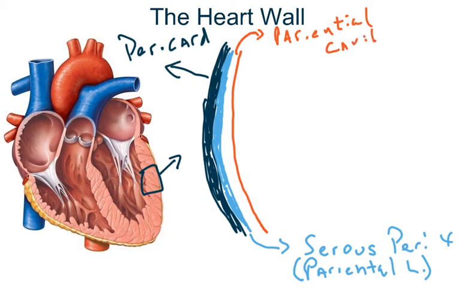And this empty space is just there to help with the flux and contractions of the heart, because right below that we start getting into the three innermost layers, which is the epicardium, myocardium, and endocardium.